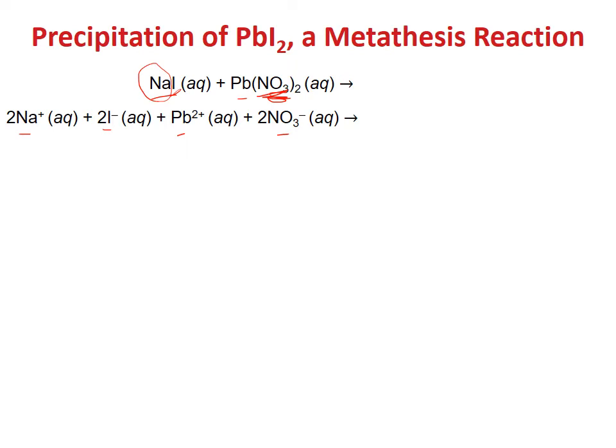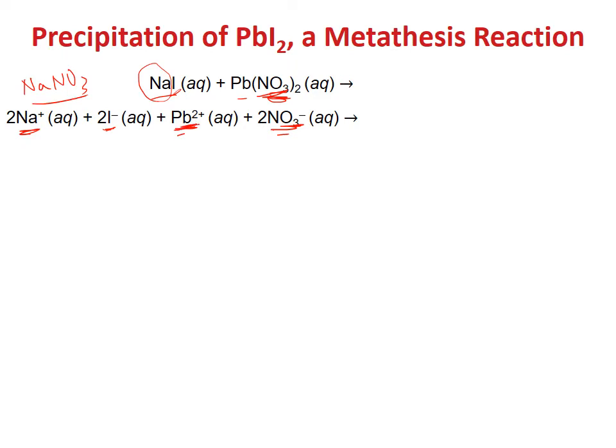Next, we are going to combine all the possible cation and anion pairs. For sodium, which was with iodide, we need to search for another anion, which is nitrate. So it's possible to form sodium nitrate. Another one is lead.